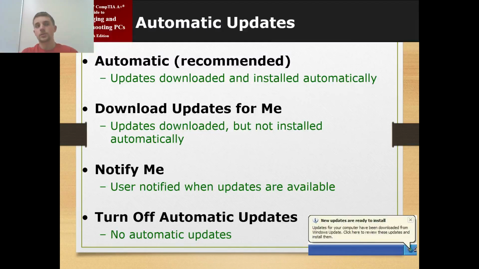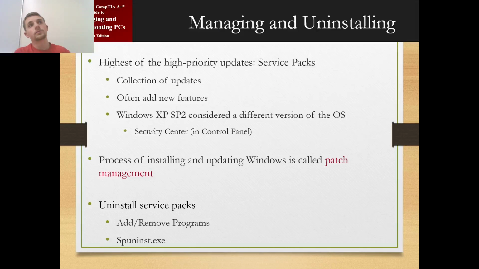If you have like a virtual machine, you're trying out Windows, trying out some software you don't want to install on your PC, you don't really want Windows updates running because you don't really care about security on your virtual machine, and frankly it's kind of annoying, so you should turn that off. Service packs, it's just a lot of updates crammed into one update, and every Windows OS releases service packs at one point or another, at least with XP and above.